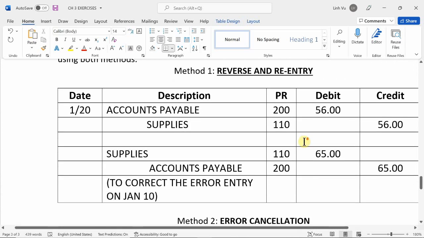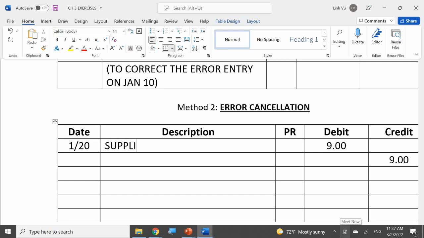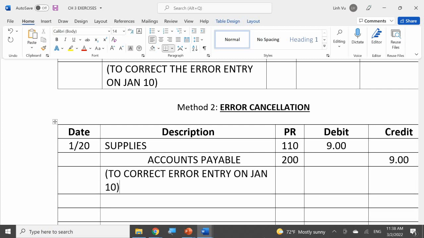Increase it. So I'm going to debit my supplies by $9. And of course, that means I also have to increase my liability because I owe $9 more. And again, your description has to be in parentheses: to correct error entry on January 10.